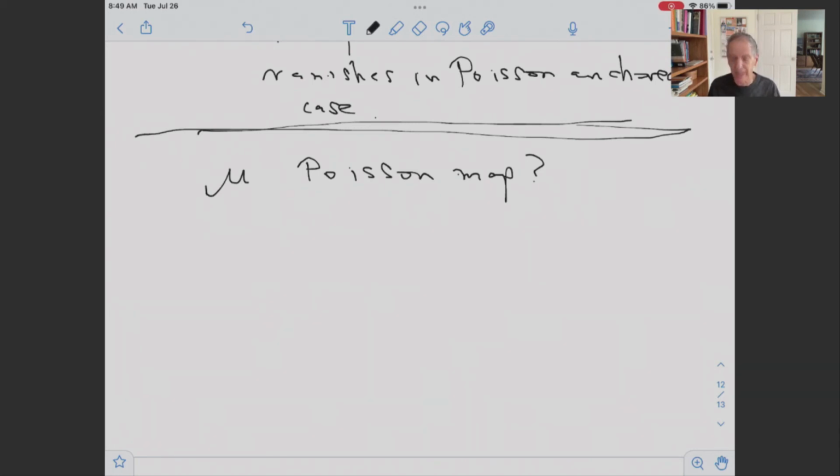It's not clear how that's related to, although it should be somehow related to, the conditions on mu being either a momentum map or an equivariant momentum map.